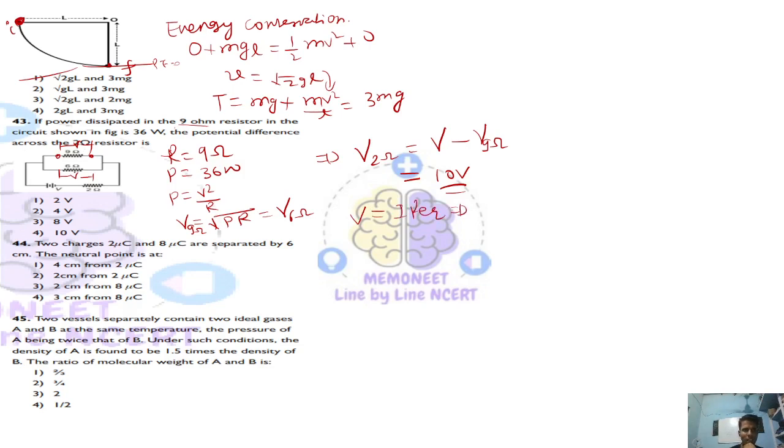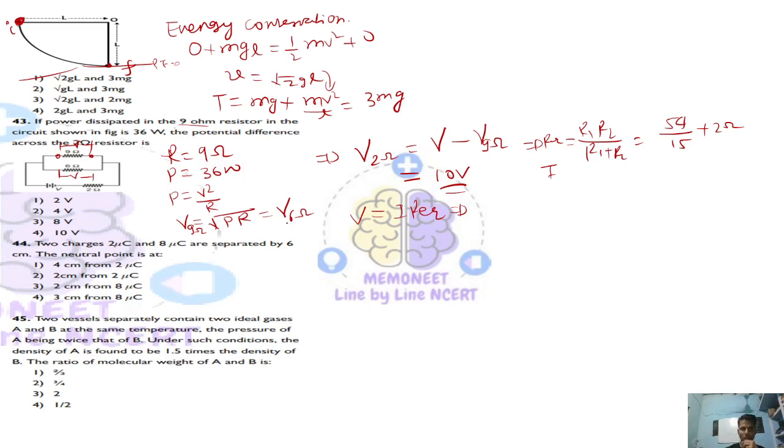So R equivalent you can calculate: R1 R2 upon R1 plus R2, that is 54 upon 15, plus 2 ohm. This is R equivalent. Simply you need to calculate the R equivalent, and thereafter you can calculate the current from here.